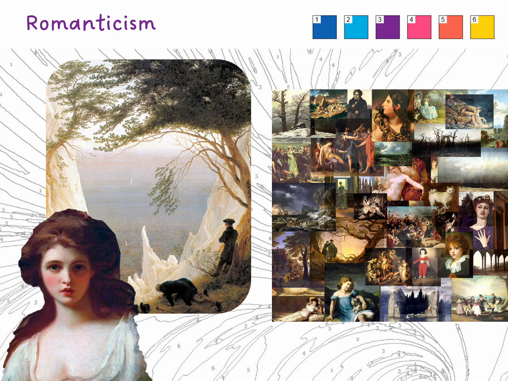The next movement that we're going to talk about is Romanticism, a style of art that was very popular in the early 19th century. Romantic artists produced emotional works that portray an idealized world and nostalgia for the past.